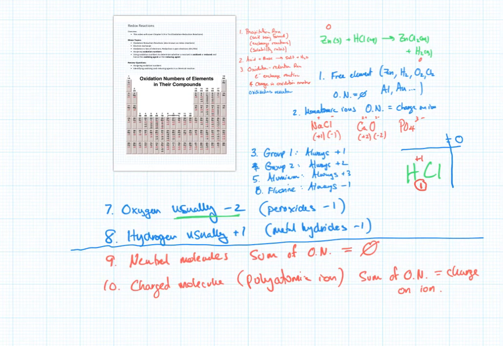Since there's only one hydrogen atom, and I know that it's +1, it contributes +1 to the overall molecule. Because this has to equal 0, this has to be -1. And since there's only one chlorine, chlorine has to be -1. We also could have used the rule for monoatomic ions, where the oxidation number is the charge on the ion, but I'm showing you how to do this with neutral molecules. So at the end of the day, the oxidation number for hydrogen is +1 and for chlorine is -1.